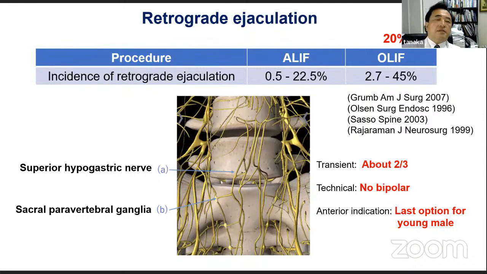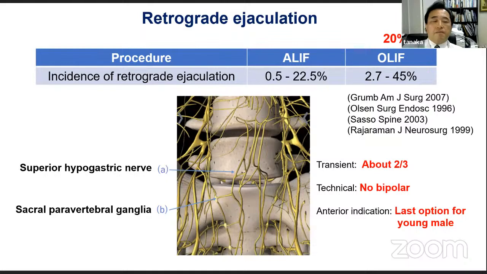Another problem is retrograde ejaculation. In Japan, OLIF 5.1 or ALIF 5.1 is very popular. If you perform OLIF or ALIF, the incidence of retrograde ejaculation is higher, more than 20%.